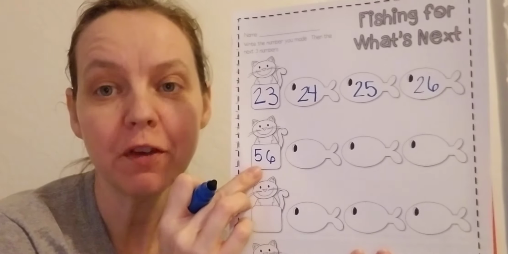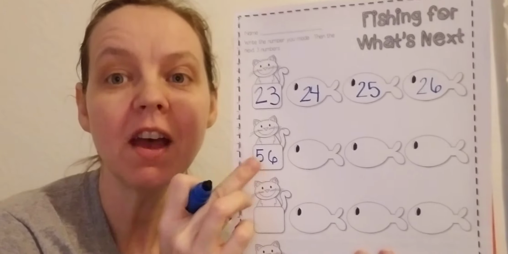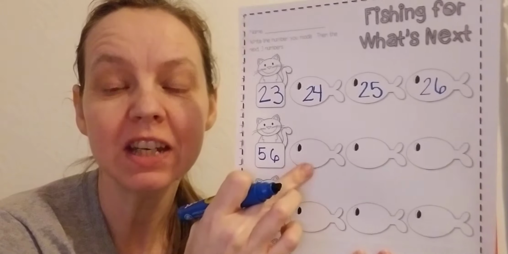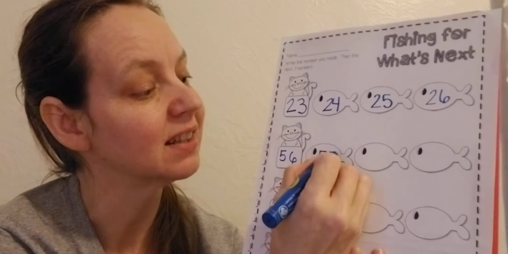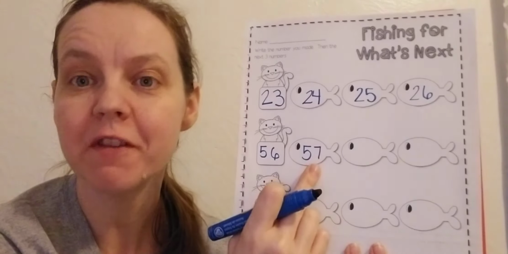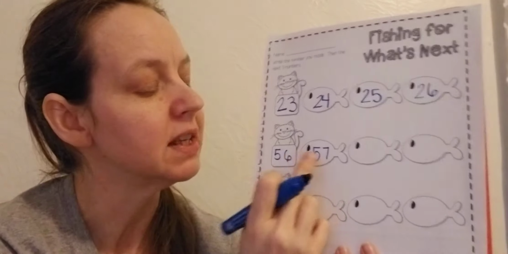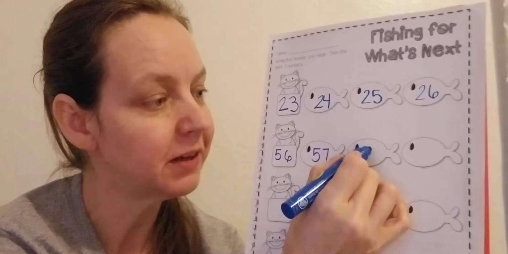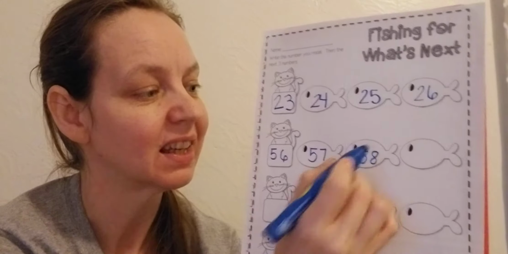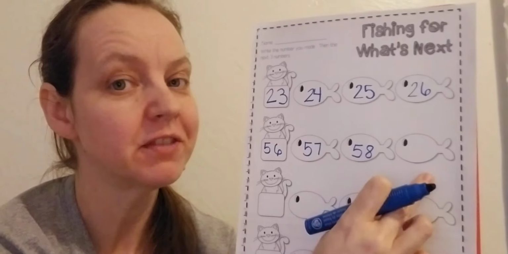Let's start at 50. 50, 51, 52, 53, 54, 55, 56, 57. So I'm going to put a 5 here and then a 7. 56, 57. When I hear 50, I think 5. 56, 57, 58. 50 means 5 and then 8. 56, 57, 58, 59.